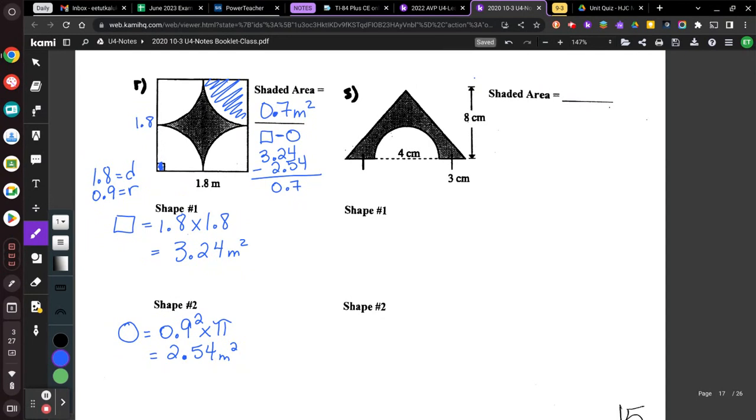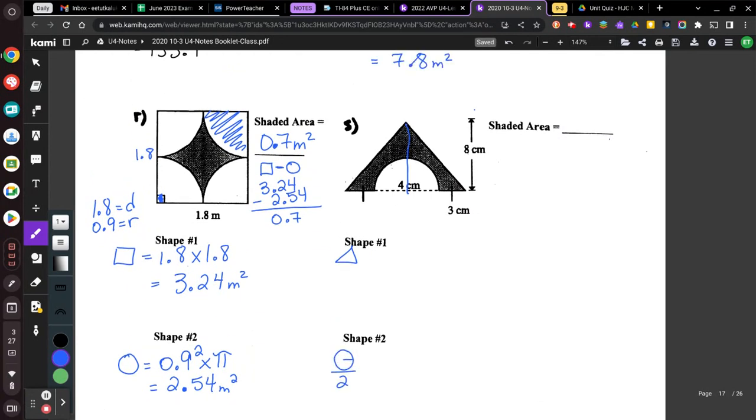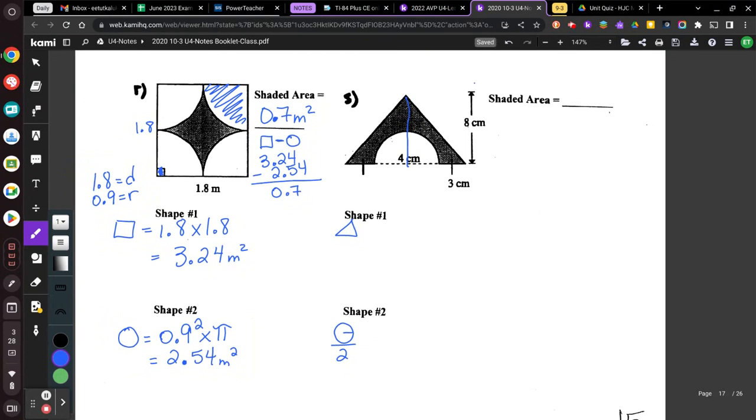All right, letter S on the next side. So they're showing us the height here, which would be the height running down on our triangle. So in this case, we're going to have a triangle and a half circle. So a circle divided by 2. So our triangle is going to be base times height divide 2.